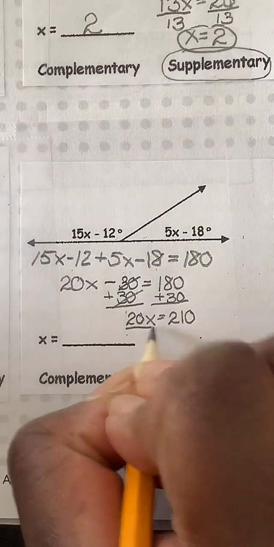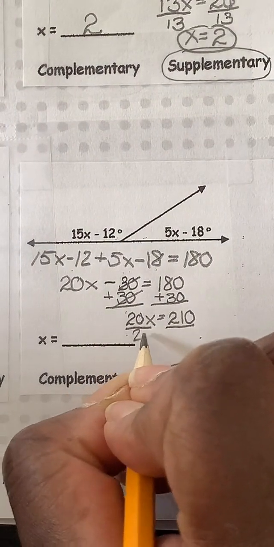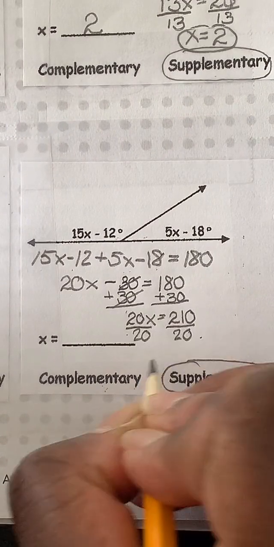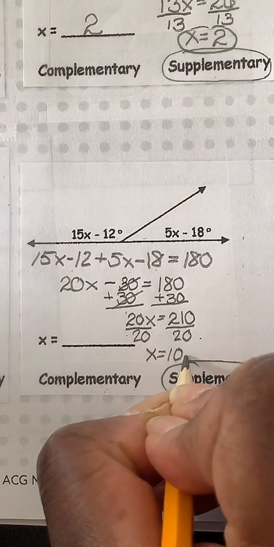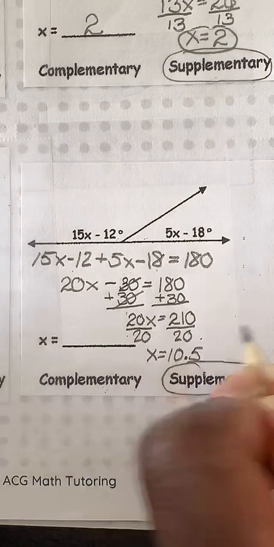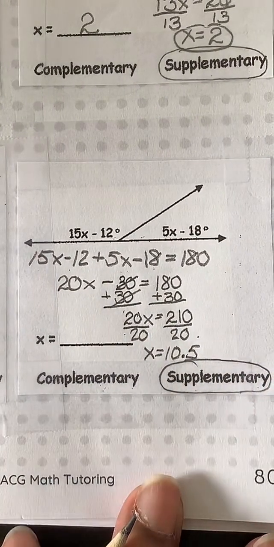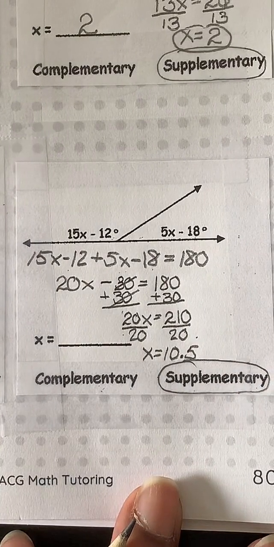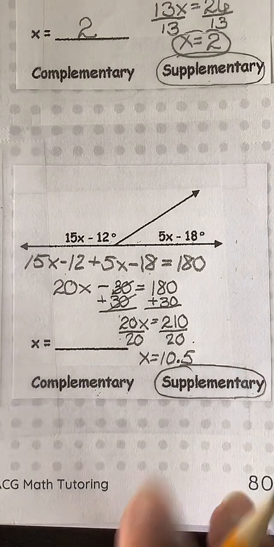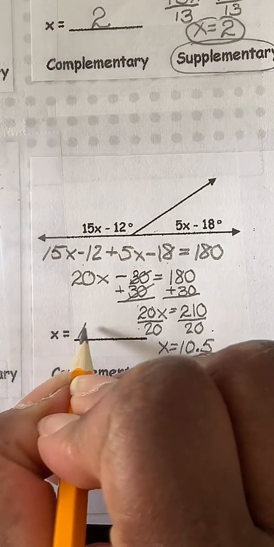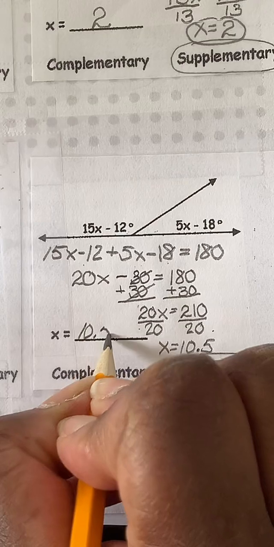And that will give me x is going to equal 10.5, or 10 and a half, or who was the other one? 21 halves, I think was the other one that someone had. Okay, we got a nice little combination, but we can deal with the decimal here, that 10.5.